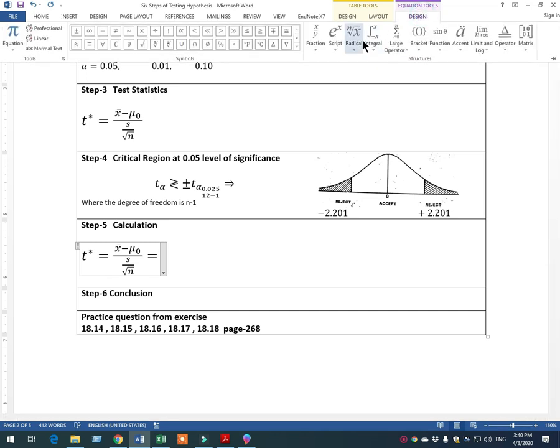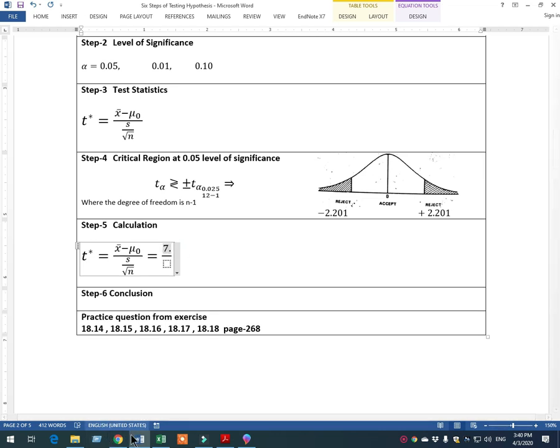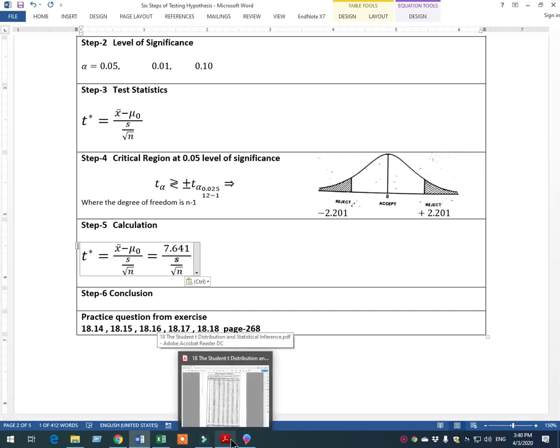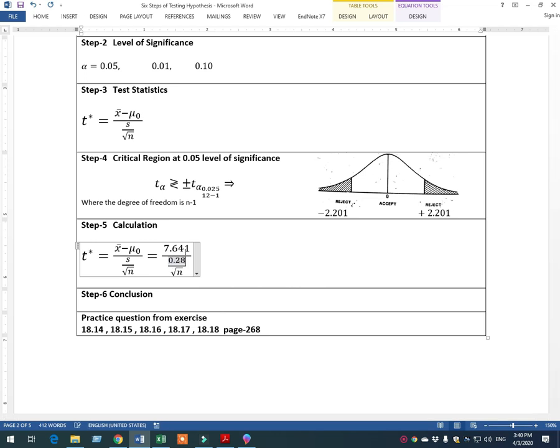I'm just taking help from this kind of tool. The sample standard deviation I have calculated as 0.2811, and the number of observations, we know, is 12.